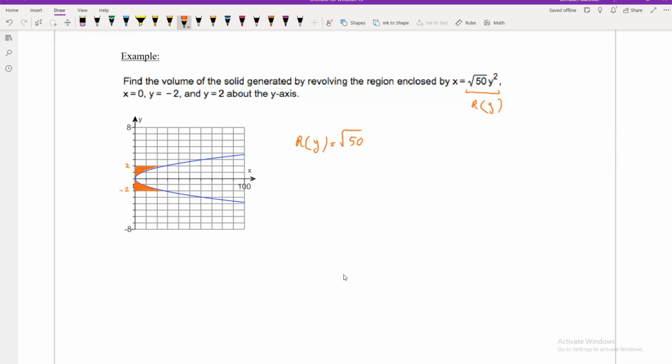So ry is equal to square root of 50 times y squared. Our integral is from -2 to +2, because here it says y equal to -2, y equal to +2.